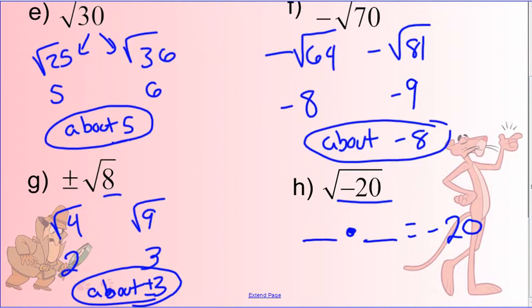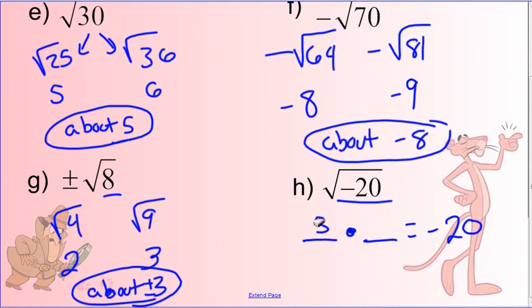And if you go, well, negative 4 is close. What's negative 4 times negative 4? A positive 16. Positive 16 is not close to negative 20. Well, what about if you use like a positive 5? 5 times 5 is a positive 25.